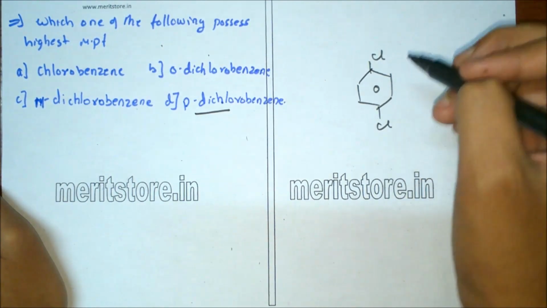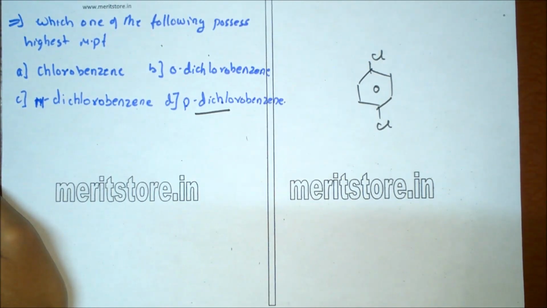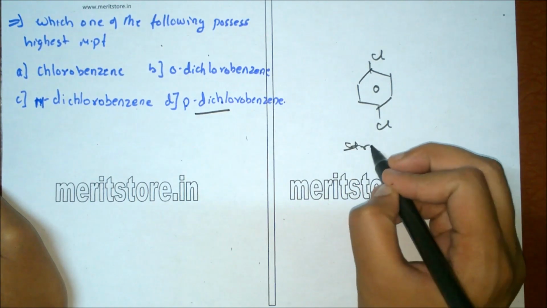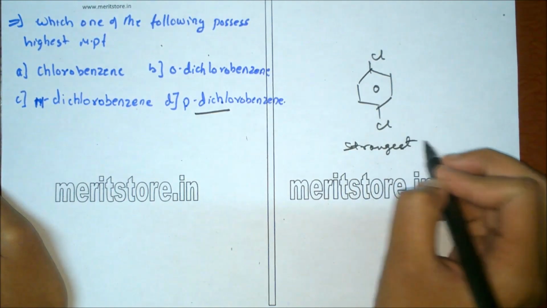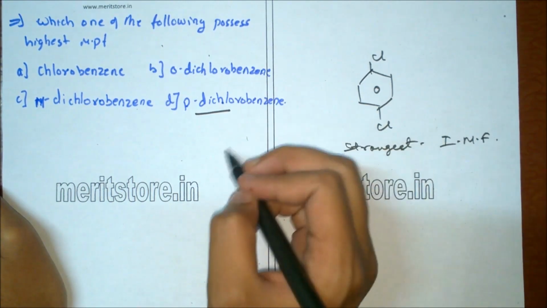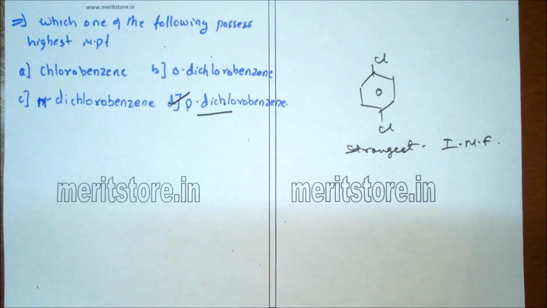So here the dipole moment is 0. The intermolecular forces of attraction are strongest among the following. So it has the highest melting point, option D.